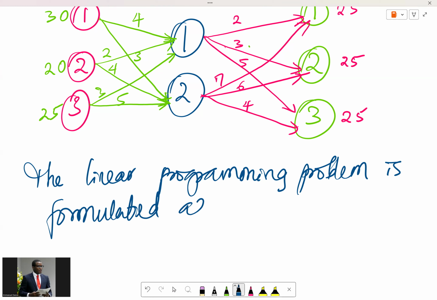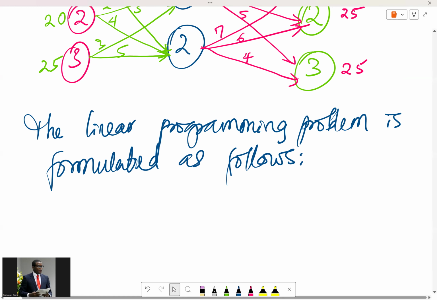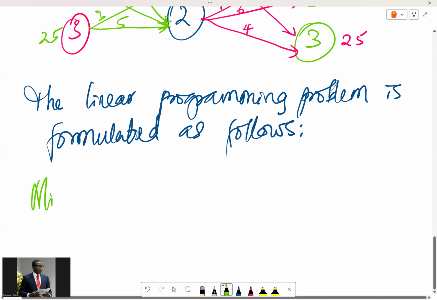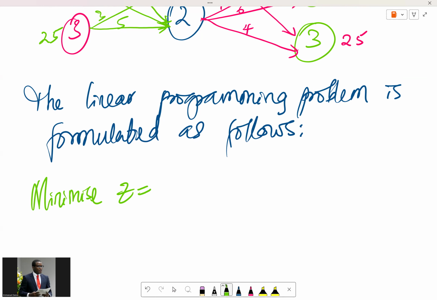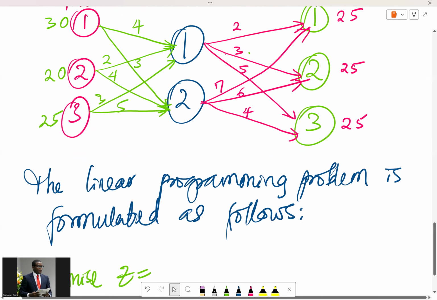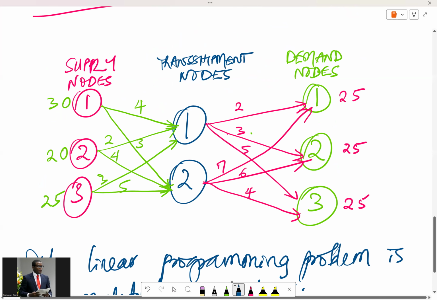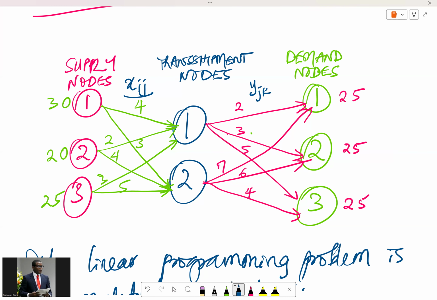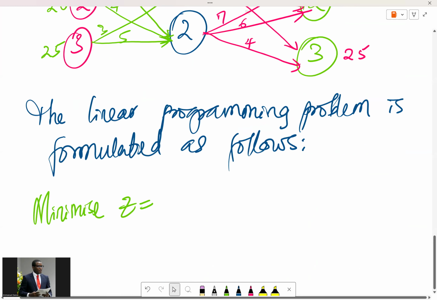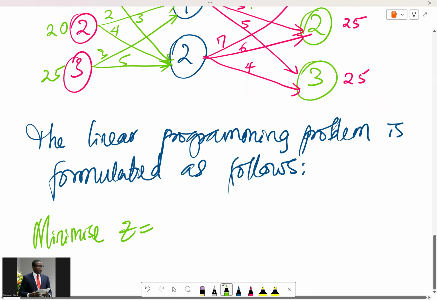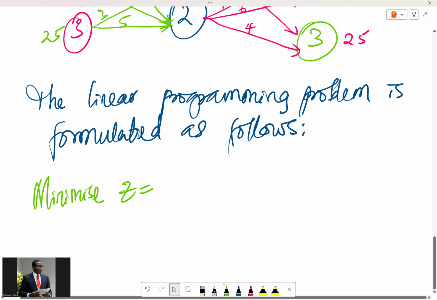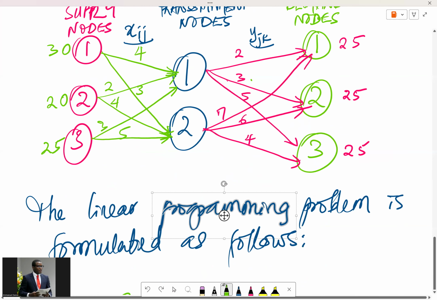We want to minimize Z. Let's assume that the decision variables from supply to transshipment are xij, whereas from transshipment to demand they are yjk.